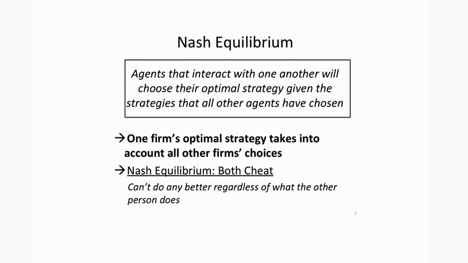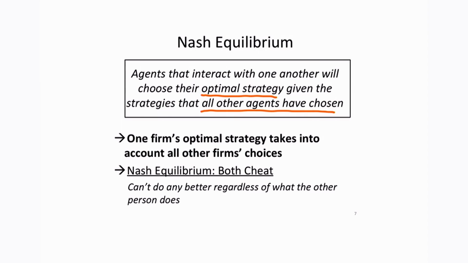The Nash equilibrium is going to tell us that agents that interact with one another will choose their optimal strategies given the strategies that all other agents have chosen. So one firm's optimal strategy is going to take into account all of the possible other outcomes that can occur based on the other decisions that the other firms can make. So the Nash equilibrium is going to tell us that both of them are going to cheat.